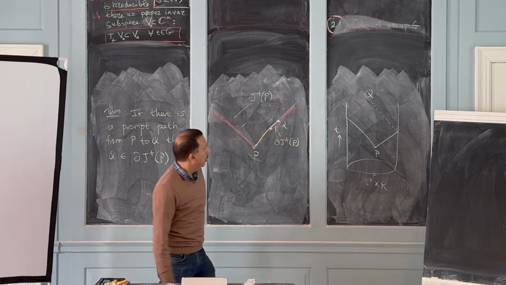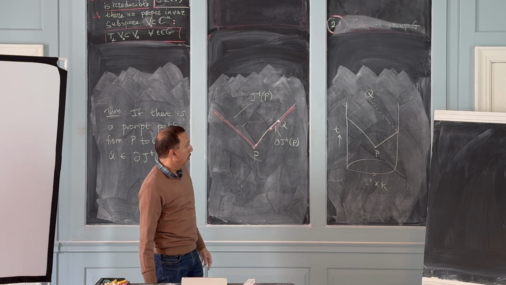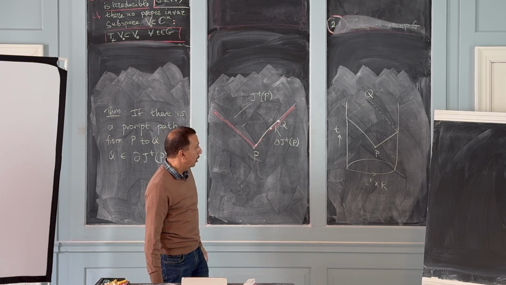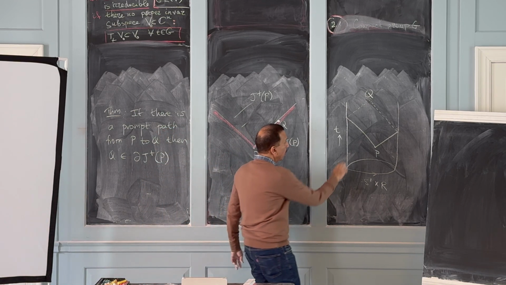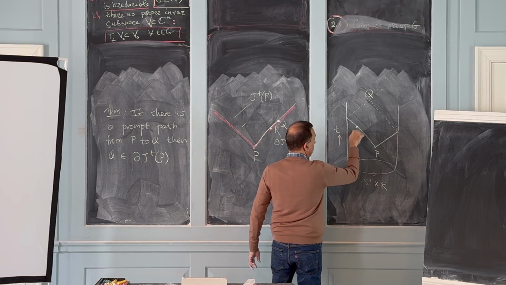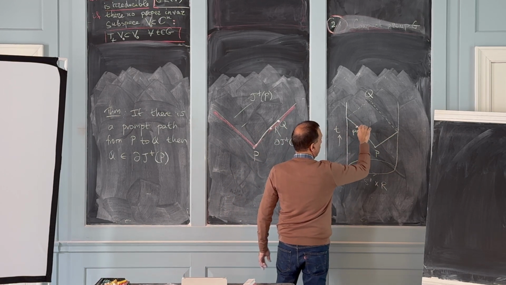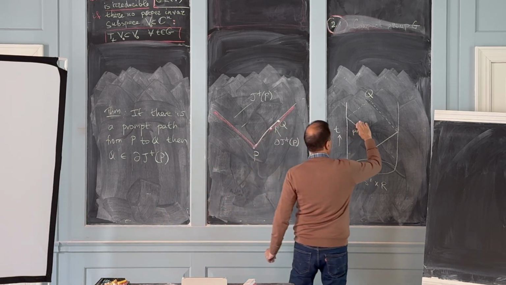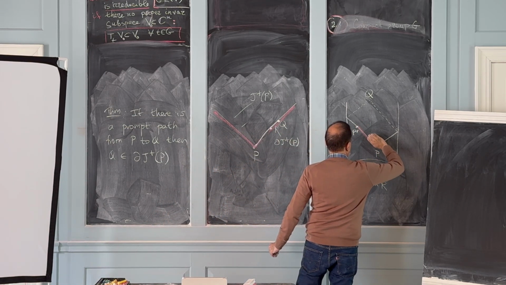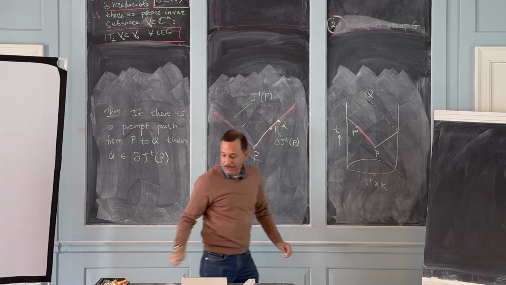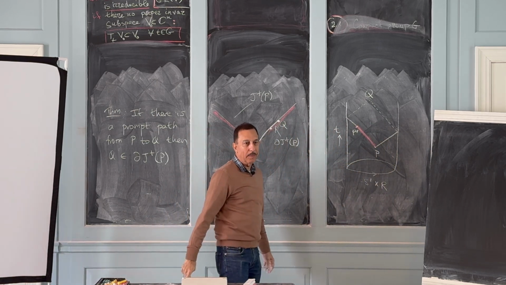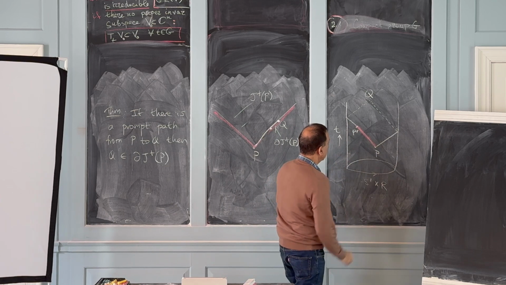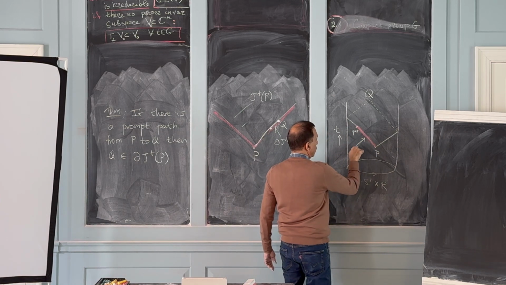Now let's start looking for a null, for a prompt path. So if I go from P to P prime, which is here on this light cone, then of course this is prompt. At this point the system doesn't realize that it's on a compact manifold. We've just gone a short distance from P to P prime, and this is prompt.